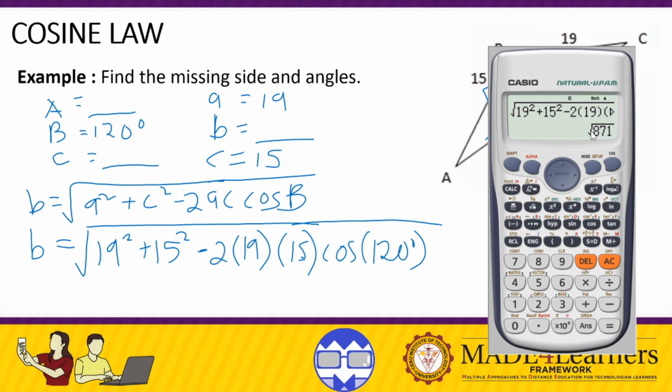So we have square root of 871. So B is square root of 871.